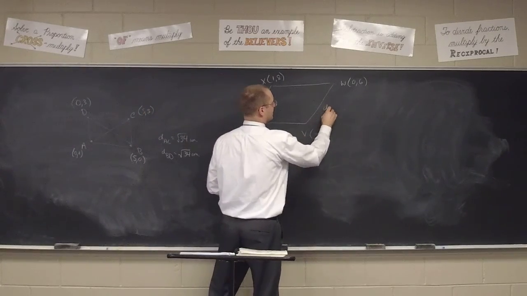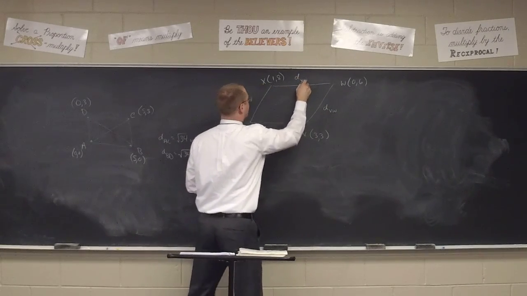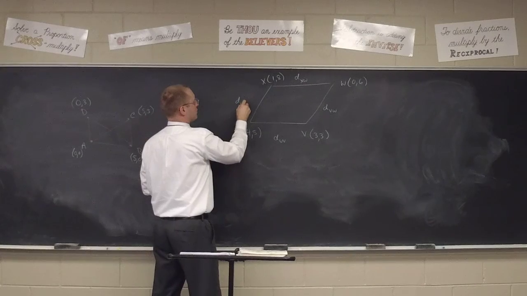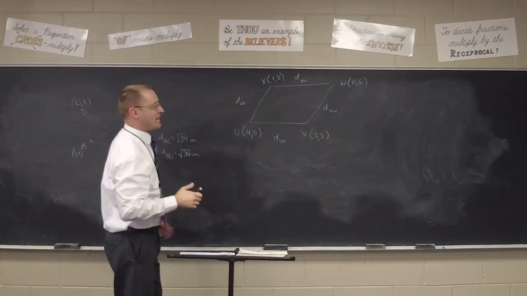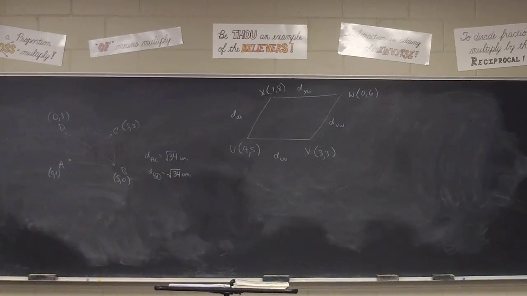What's the distance from V to W? What's the distance from X to W? What's the distance from U to X? All right, exercises, find those lengths. Find the lengths of the sides of what they're telling us is a parallelogram. We're showing that, yes, it is indeed.